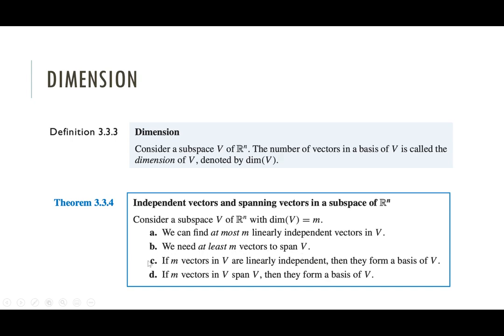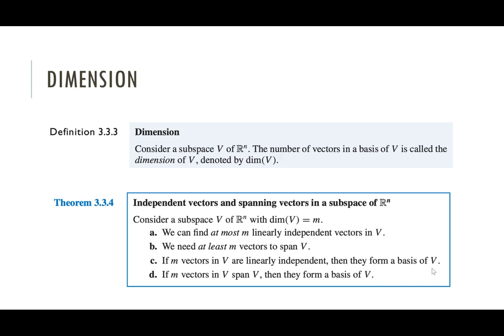I think probably the most interesting one of these is C. If you have M linearly independent vectors, then they do form a basis. And so this is nice. You might use this if you're asked, find a basis of this subspace. You might go about finding some linearly independent vectors, and you can know that if you find M of them, you've found enough and you don't have to look anymore.